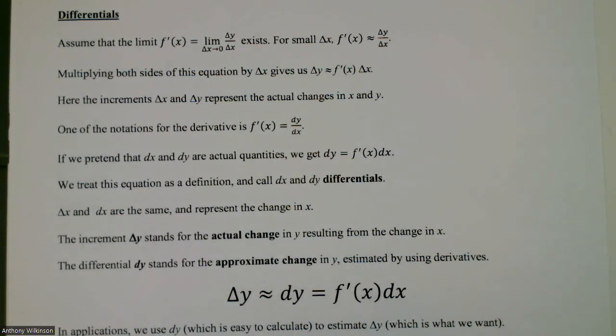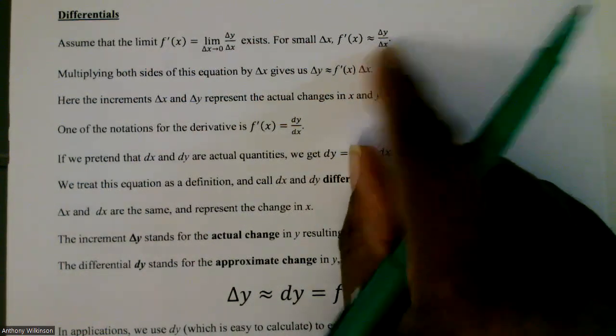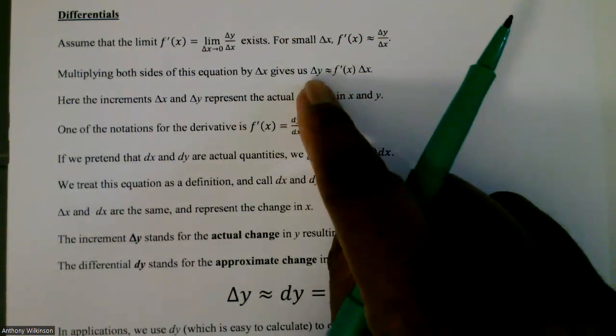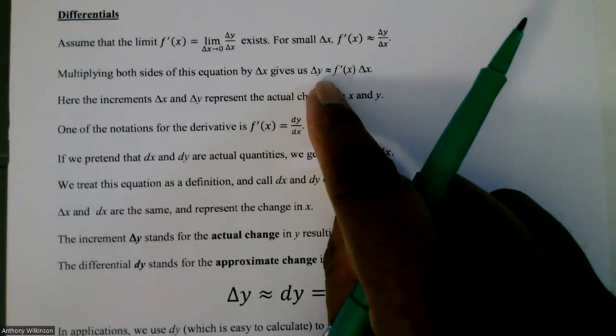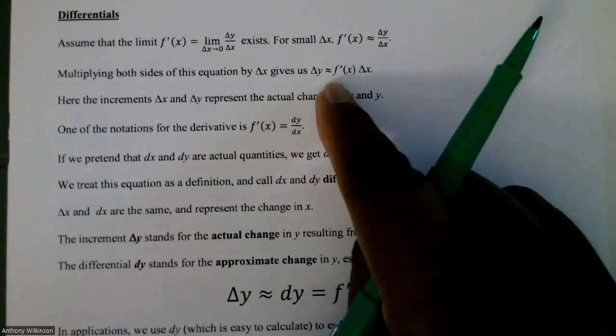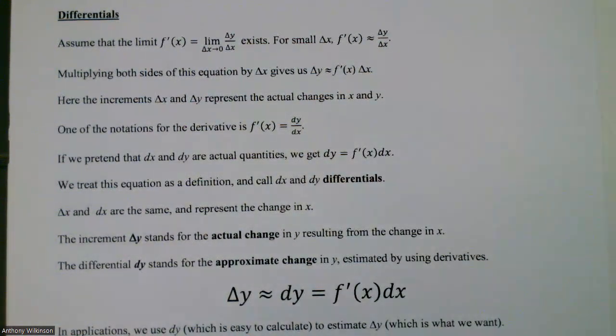And when you multiply both sides of this equation by the delta x, this is what you'll get. Delta y is going to be approximately equal to f prime of x times delta x. And here are the increments. Here the increments, delta x and delta y, represent the actual change in x and y.